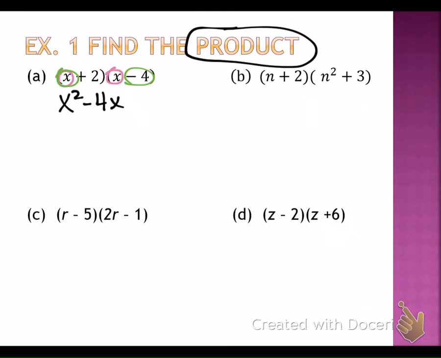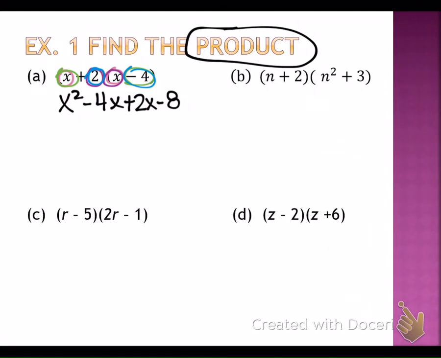Very good. And then Alyssa, my L stands for last. What are the last terms that I should be multiplying together? 2 and negative 4, which gives me what? Negative 8.